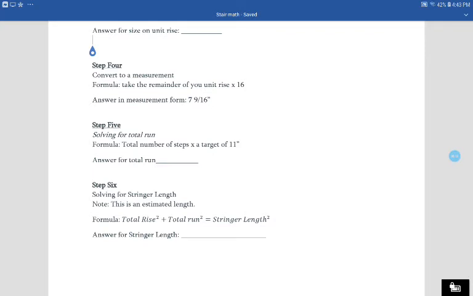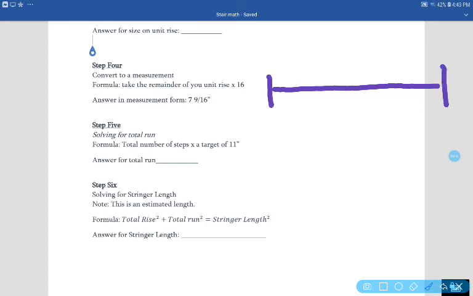Again, that's the distance the stairs come out this way. And we know they come out 15 times. We'll do it here. And we're going to take that times 11 because the 11 was the target.